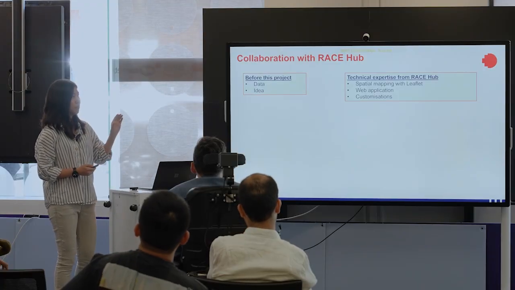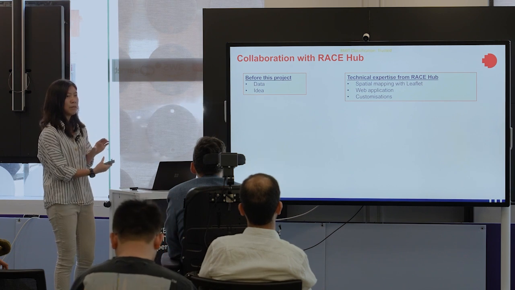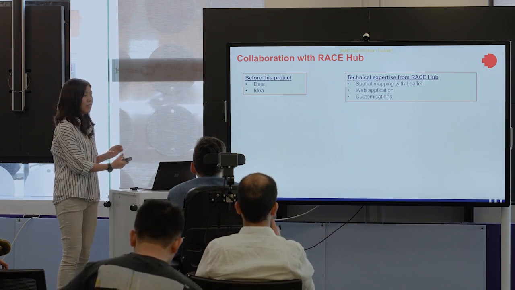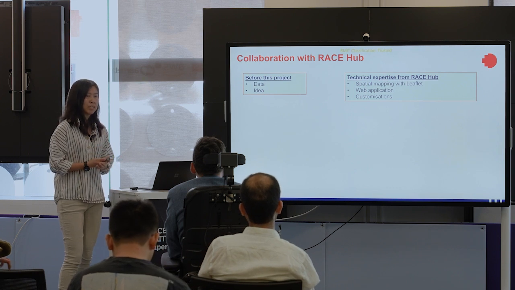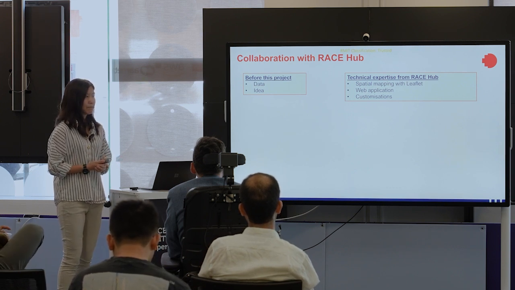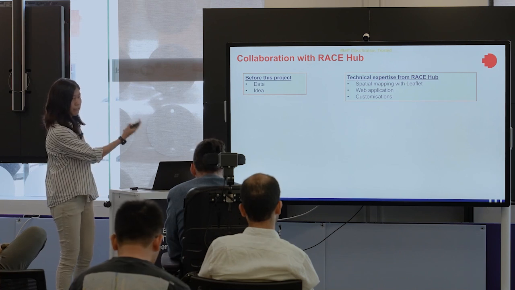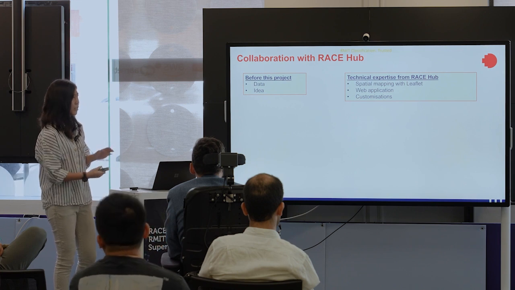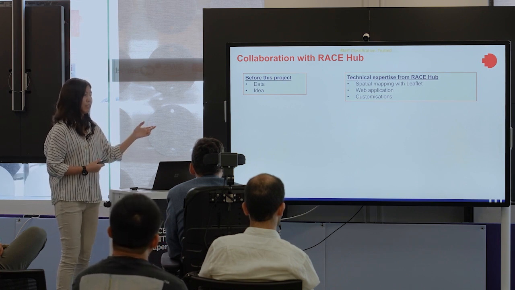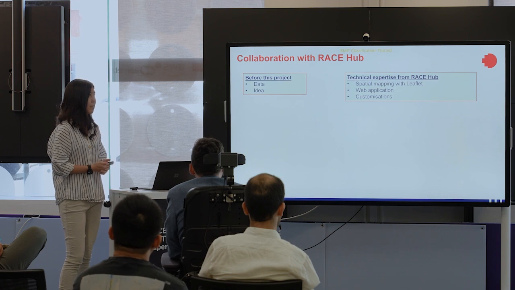So Leaflet is able to host this map onto a web application. And what's nice about Leaflet with it being a web application is that you don't need to download additional software. It's lightweight. You can have certain customizations. For example, over there just now on the screenshot on the right, I had the data about the aircraft information, and I also can plot the interactive time series plot in there.